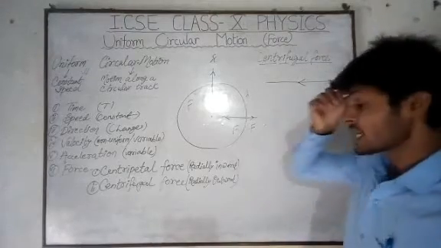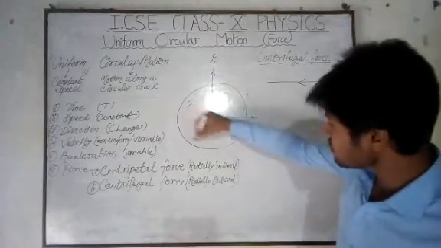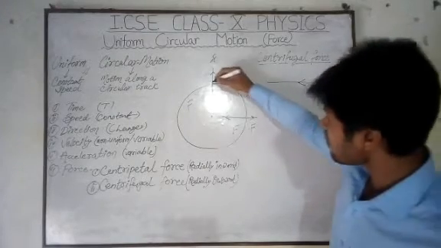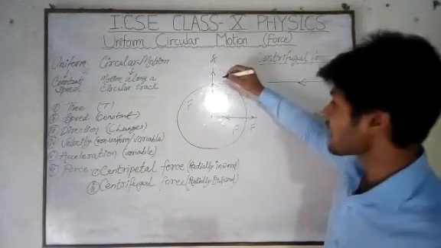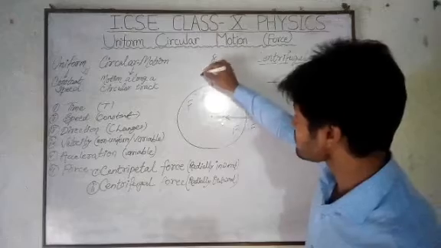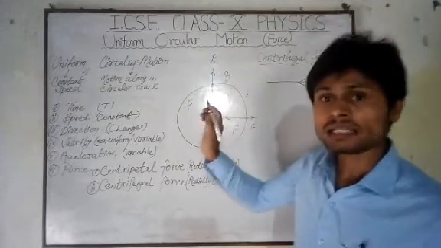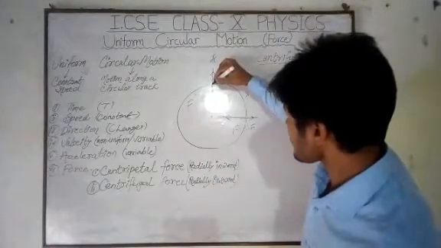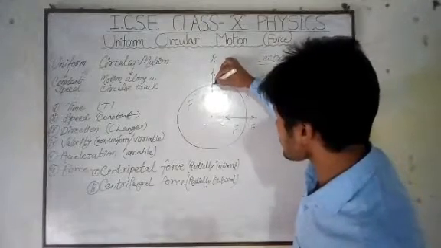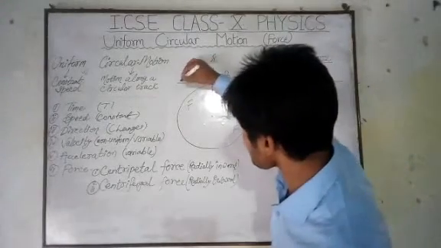Now if you think about circular motion, where the particle is at the point B, then at the point B, the direction of this particle is represented by drawing a tangent.